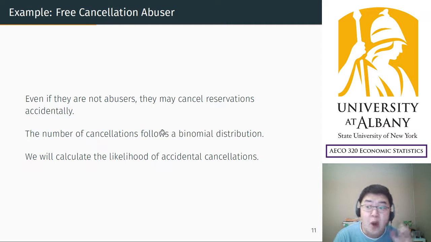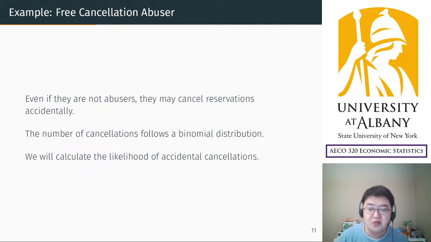But what we know is, if they were not abusers, we know the probability distribution of the cancellations. The number of cancellations follows a binomial distribution, which is the same result as we considered in chapter 5. I have used the same example in chapter 5, so you may want to go back and review it.